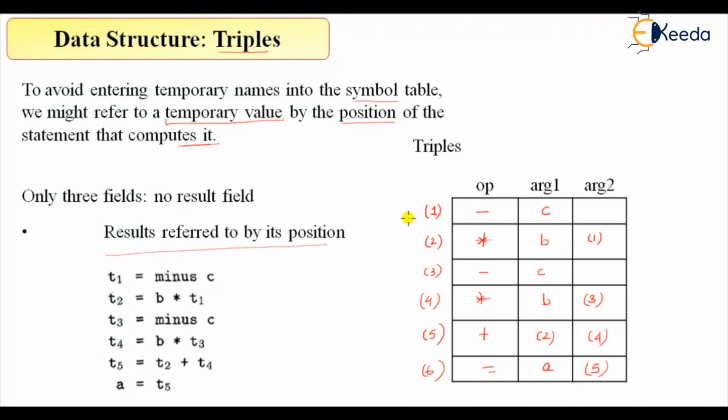When I am writing 1, 3, these are nothing but the results. We are not showing the result over here, so its position represents the result field. Okay, so that's all for this. Thank you.